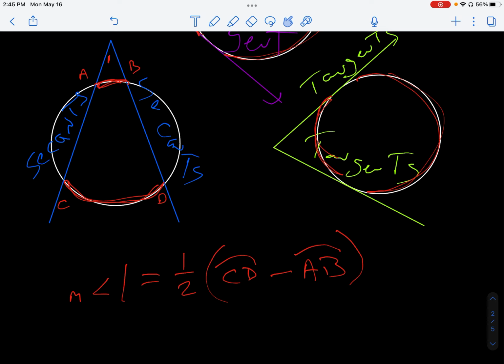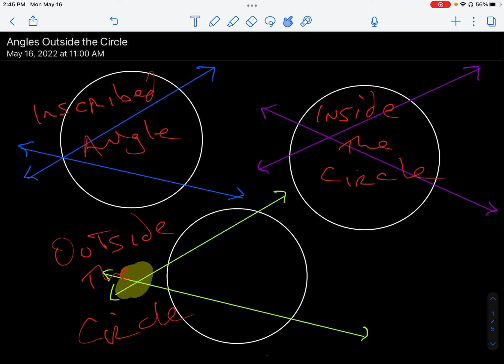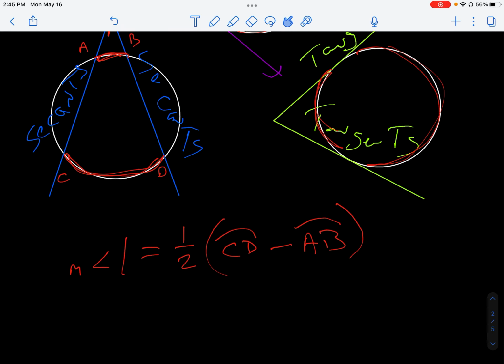Now, back here, when it was inside the circle, it was arc plus arc divided by 2. Here outside the circle, we have arc minus arc divided by 2.